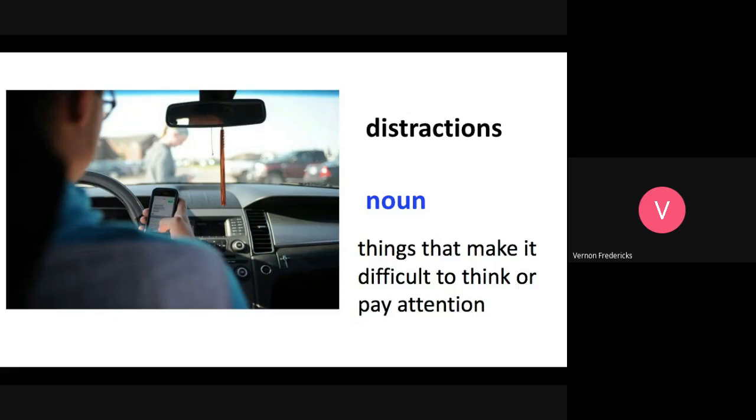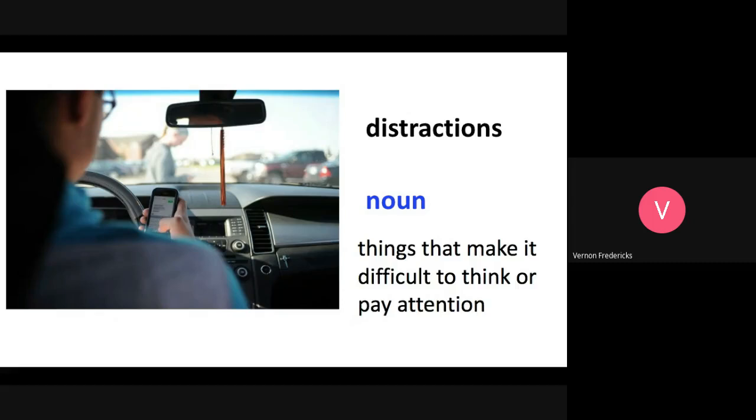If you look further into the picture, there's another lady walking in the street. Is the lady on the cell phone in the car paying attention? She's not paying attention. And this other lady is walking across the road in front of the car.